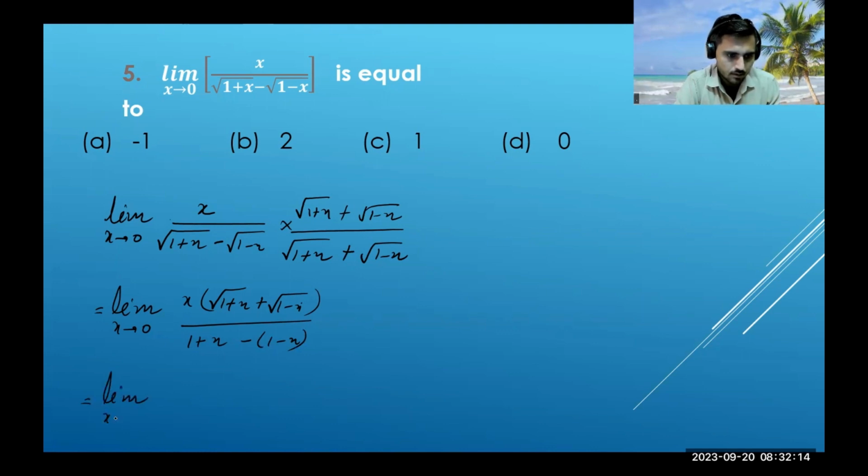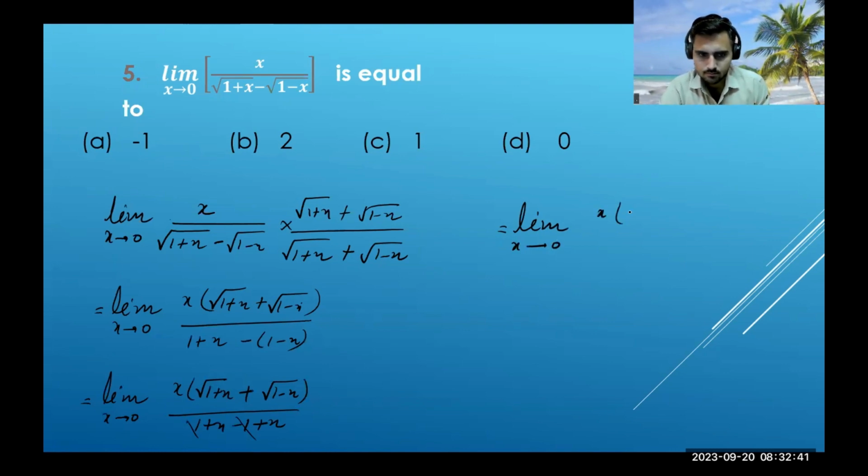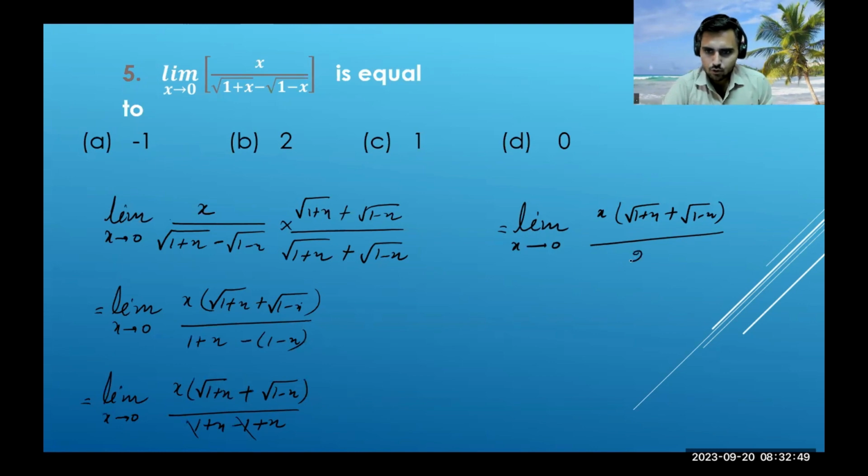Limit x tends to 0, and here we have x times the sum, square root of 1 plus x plus square root of 1 minus x upon 1 plus x minus 1 minus x, right? So now we have 2x, and the x will be cancelled out.